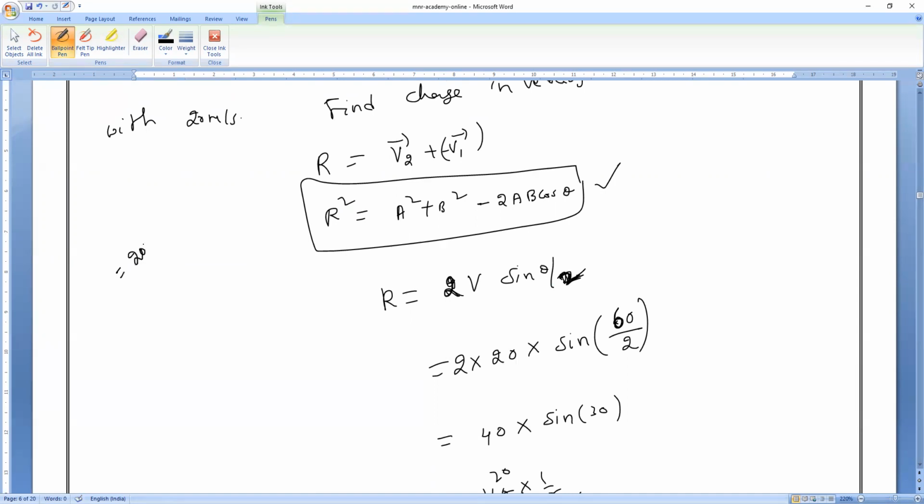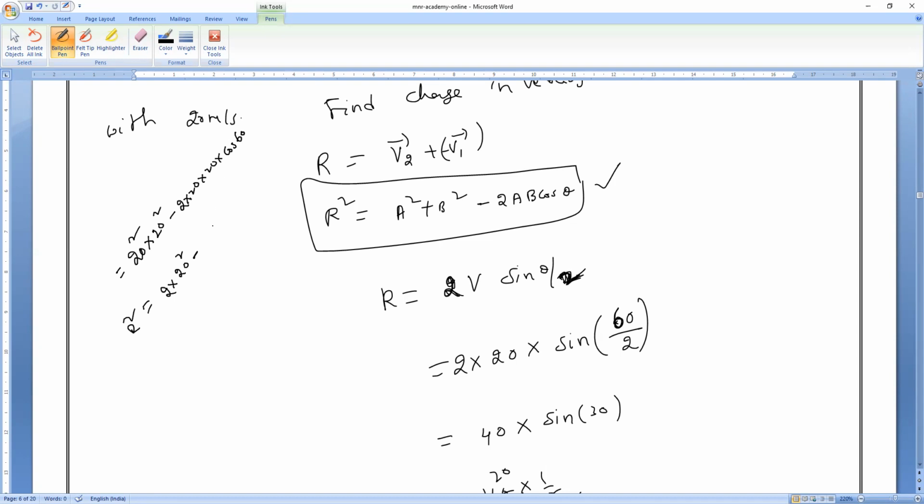A is 20, so 20 square, and B is also 20 square, minus 2 into 20 into 20 into cos 60. Sir, do we have to take cos 60 or 120? We have to take the resultant, correct? Opposite, tail to tail we have to add. So we have to take 120.